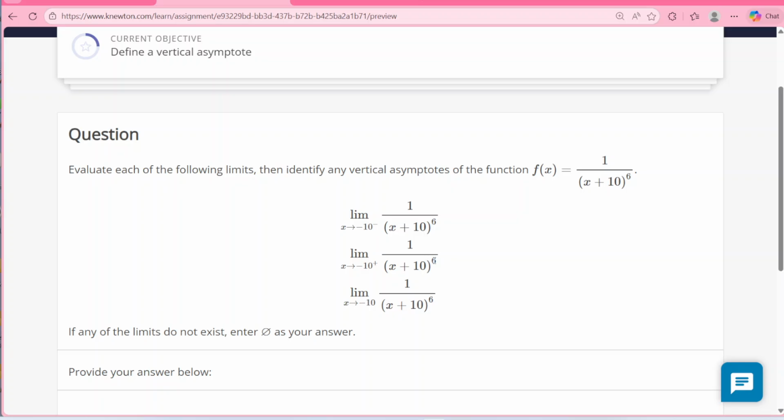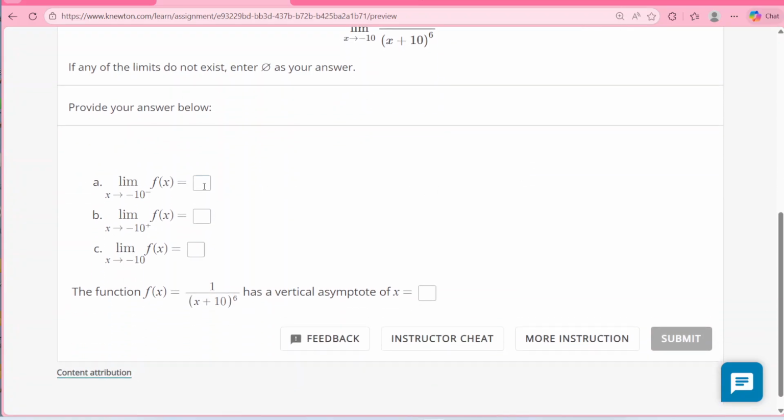So for both the left side limit and the right side limit, you end up with 1 in the numerator and small positive numbers in the denominator, which means you're multiplying by large positive numbers. So you have a positive numerator and positive denominator. This is going to positive infinity on both sides.